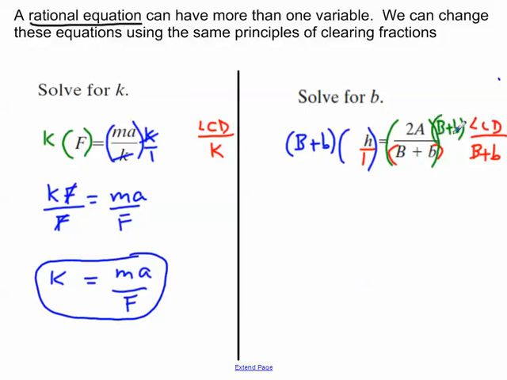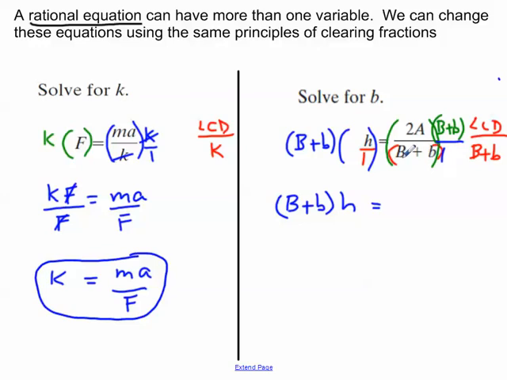And I'm going to say what happens now. On the left side, I've got big B plus little b times h. So I'm just going to write that big B plus little b times h equals 2a over big B plus little b times big B plus little b.